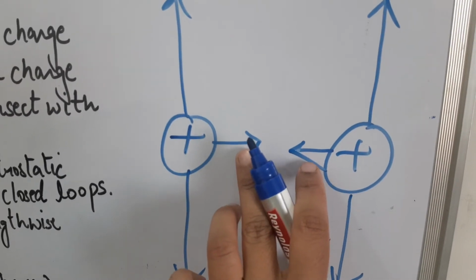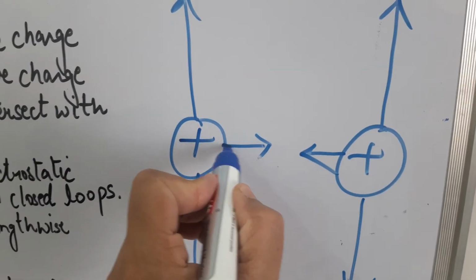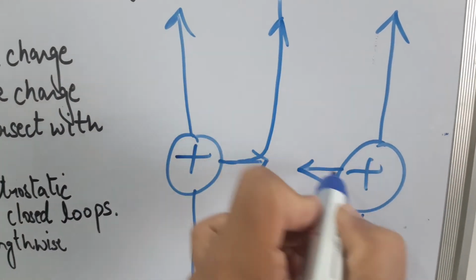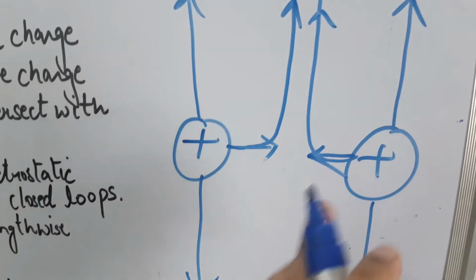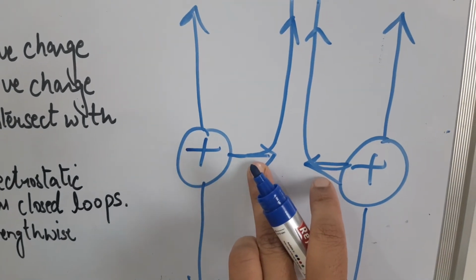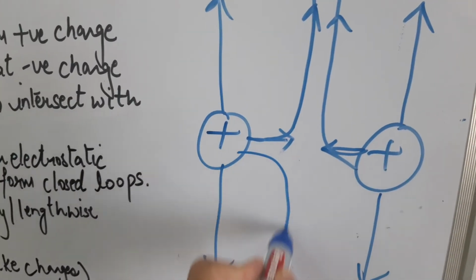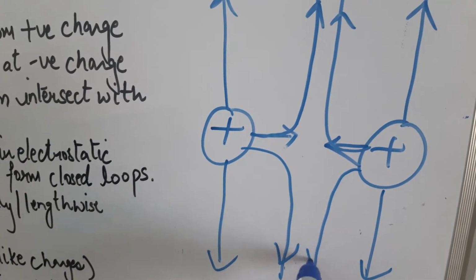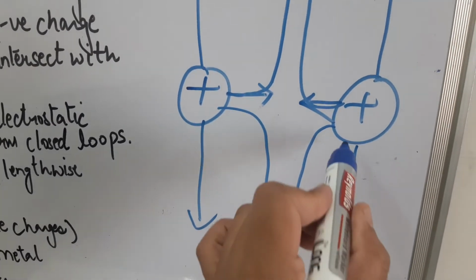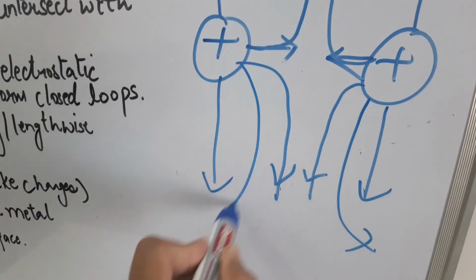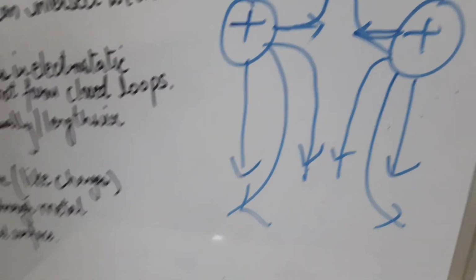Both of them will put some pressure on each other. As a result, this will go like this and this will go like this. So they are putting pressure on each other at this point, right? Similarly, this will go like this and this will go like this, right? And these are curves, right? So they are putting lateral pressure on each other.